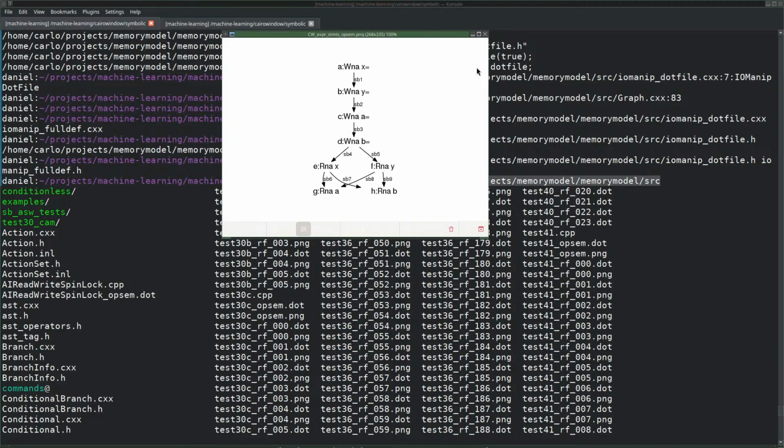There's a more complex one. This RF stands for read from. So this is the read of X, and it reads from this write to X. ASW stands for, forgot.